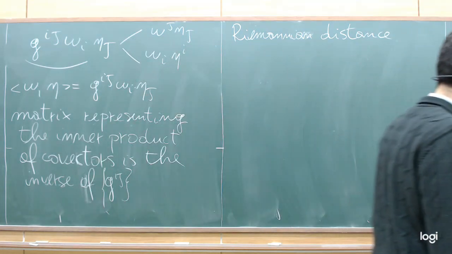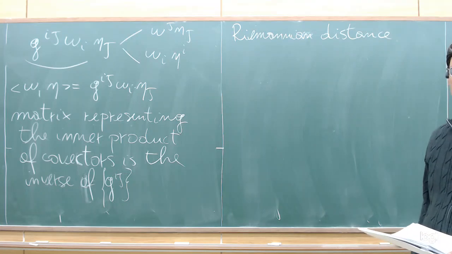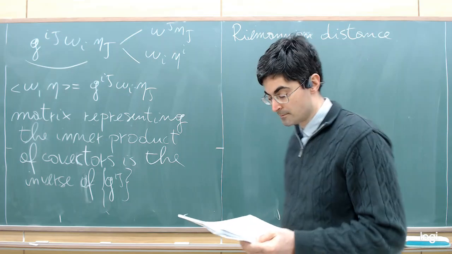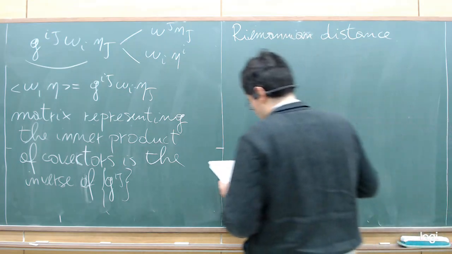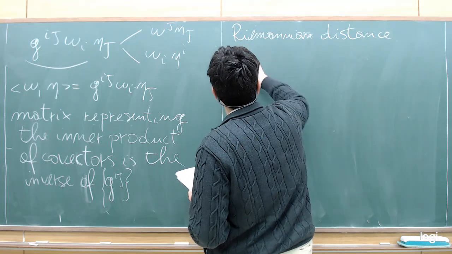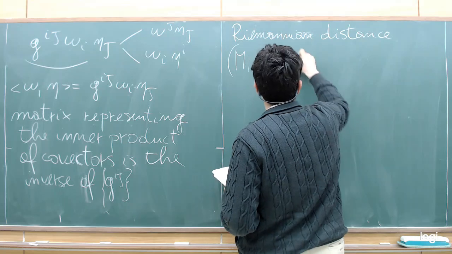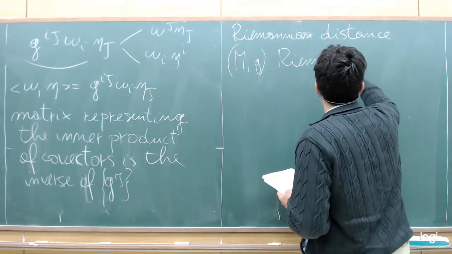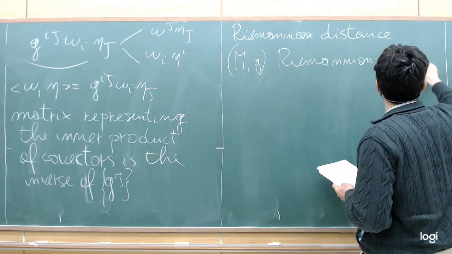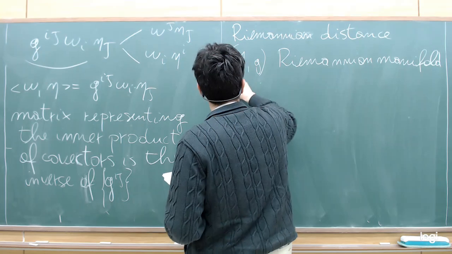The first answer is to compute length of curves and to compute the distances between points. So suppose that (M, g) is a Riemannian manifold with or without boundary.